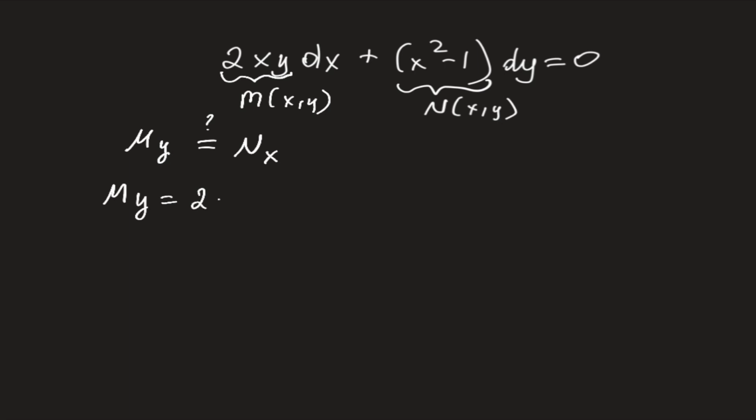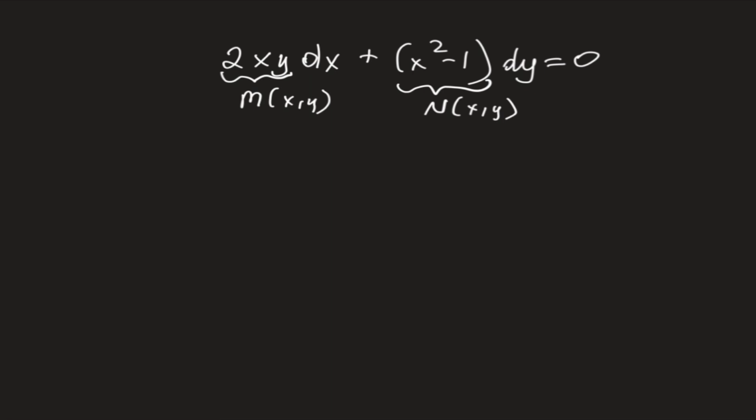Therefore, 2x will be my derivative, because the derivative of y is 1, and then we have the constant 2x. The derivative of N with respect to x is also 2x minus the derivative of 1, which is obviously 0. Since those two are equal, we can go ahead and move on and actually find the solution to this equation.